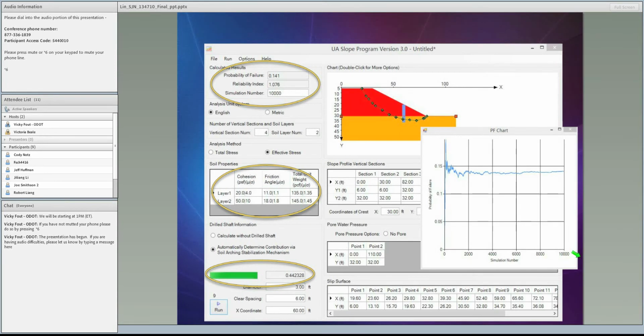So you can use this final probability of failure as guidance in the design. Here you can see that the probability of failure is equal to 0.14, which means 14% failure. It's very big. The corresponding reliability index is equal to 1.076.